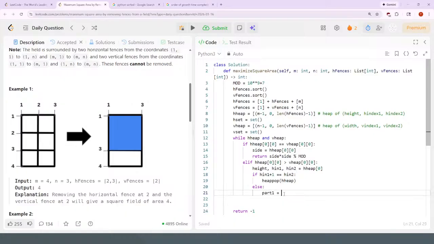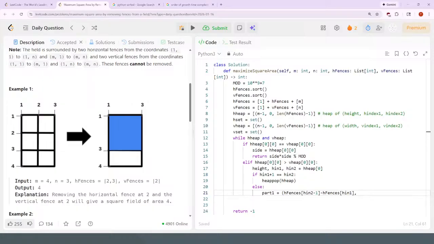So part 1 is going to be, the height should be H fences at H index 2 minus 1. This is a tuple, H fences at H index 1.